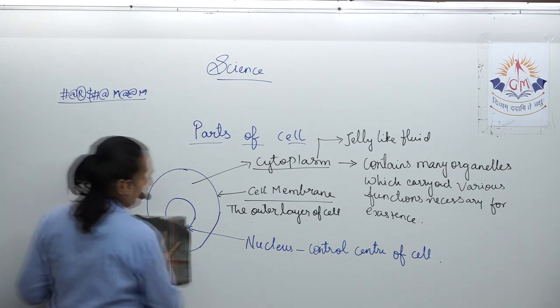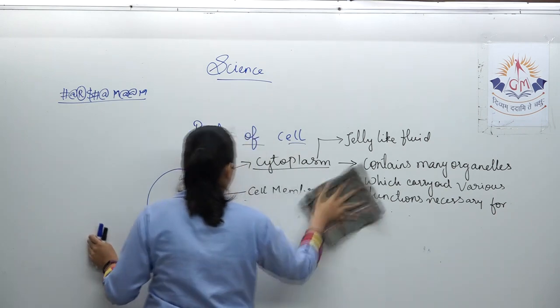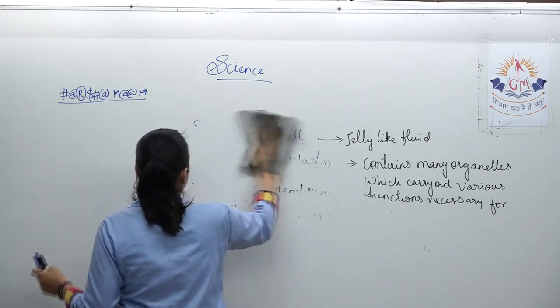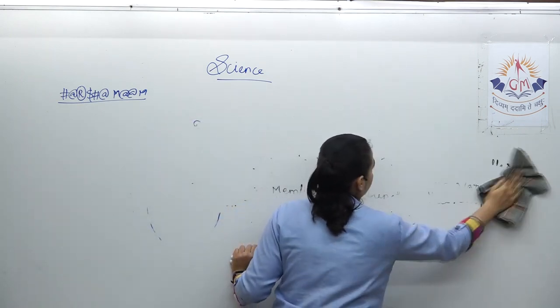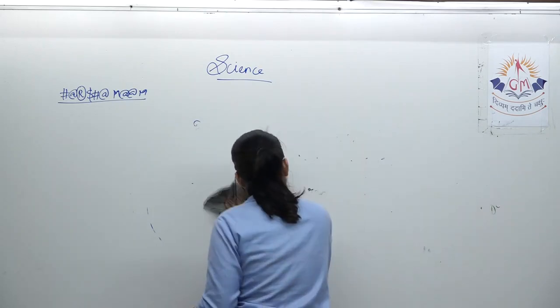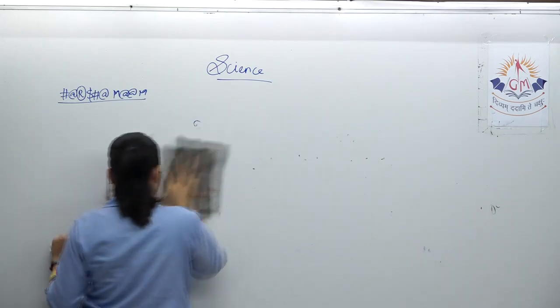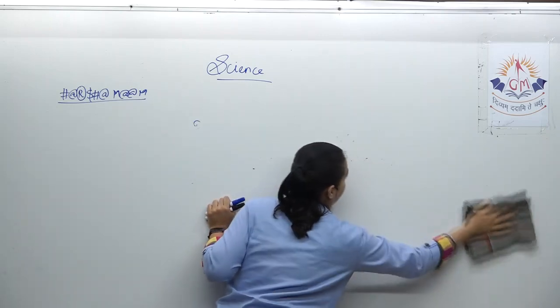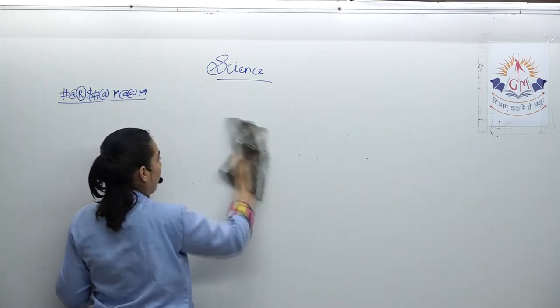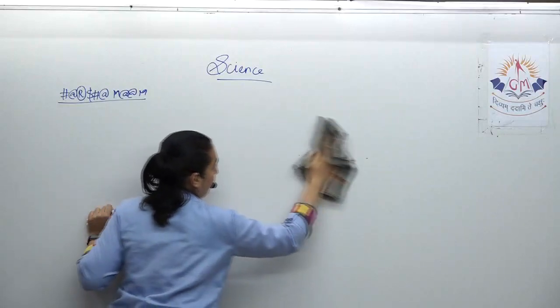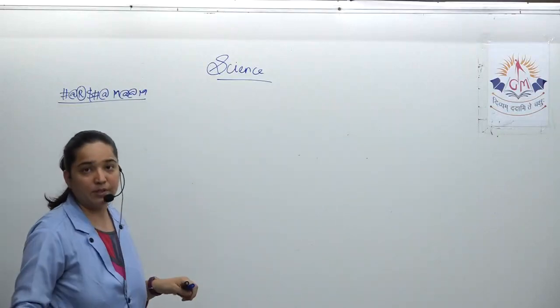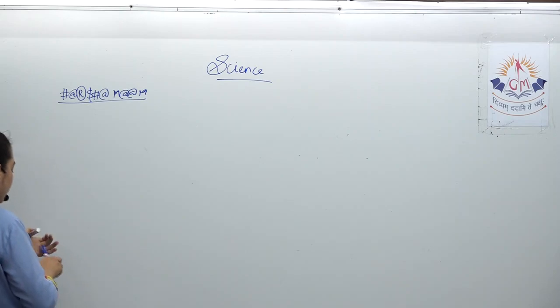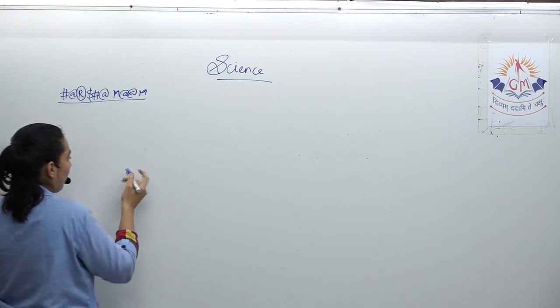I hope you have noted it down. Let's move further. Now if we talk about the nucleus, then on the basis of the presence of a nucleus, any particular organism is divided.